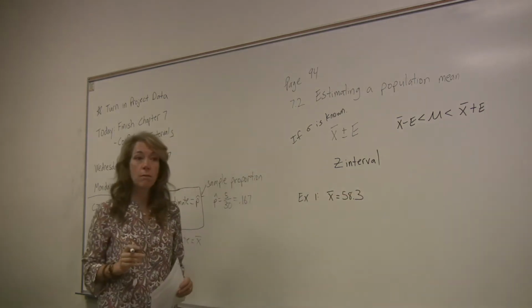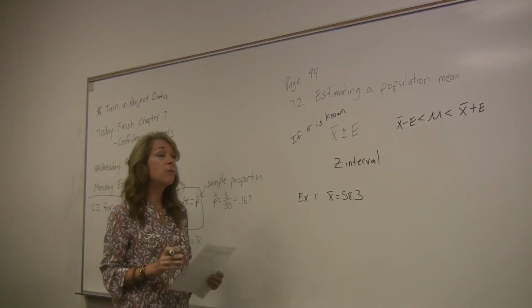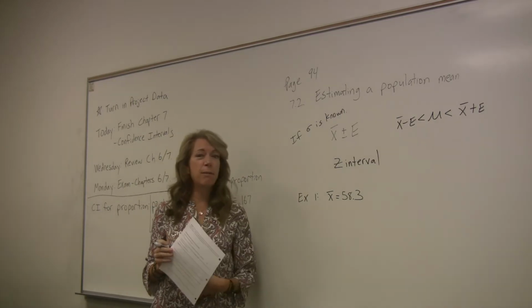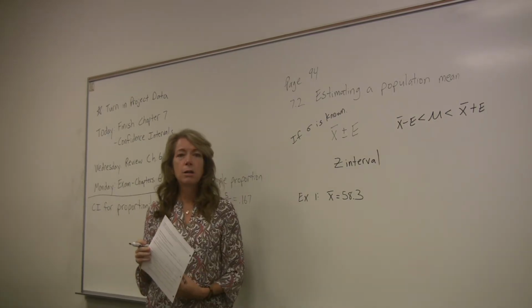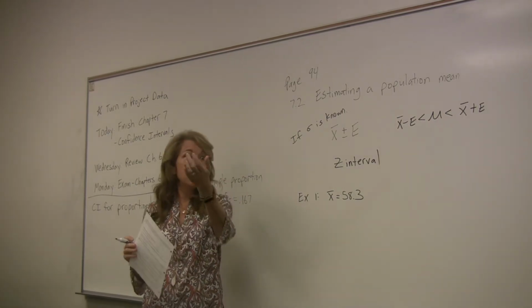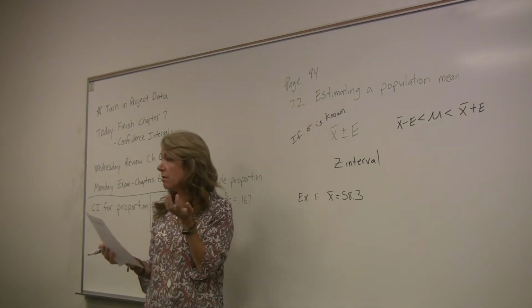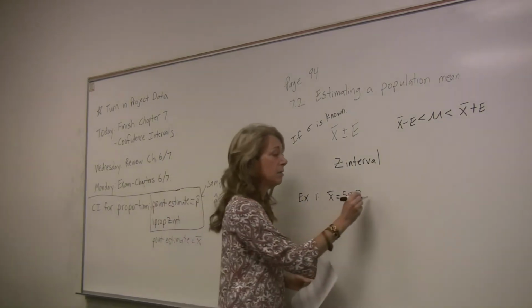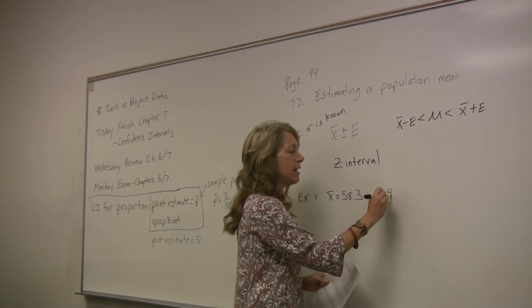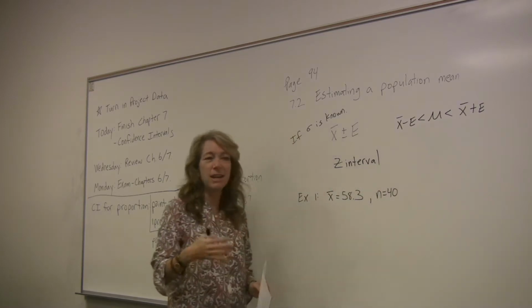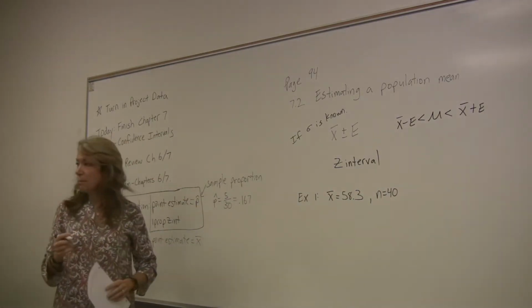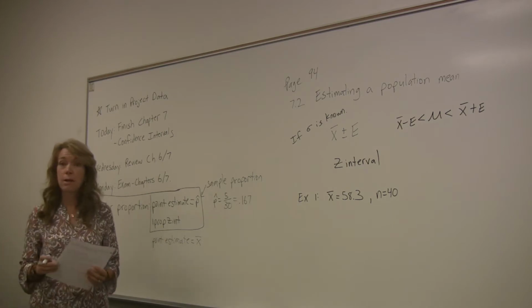Would N be the 60 seconds? N would not be the 60 seconds. What does N represent in words? The sample size, the number of students in this case. So how many students were there? 40, so that'd be your N. The 60 seconds is what we were trying to get them to estimate. That's actually extra information. But there were 40 students that were sampled.